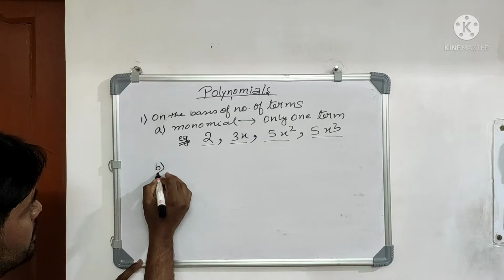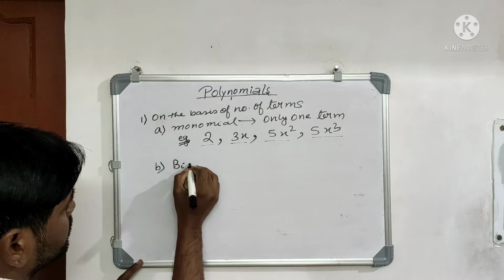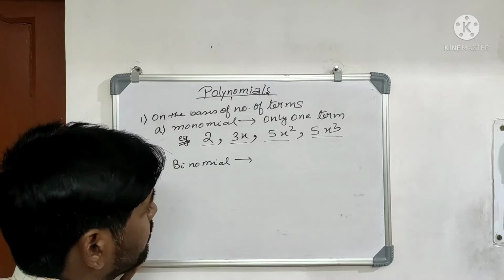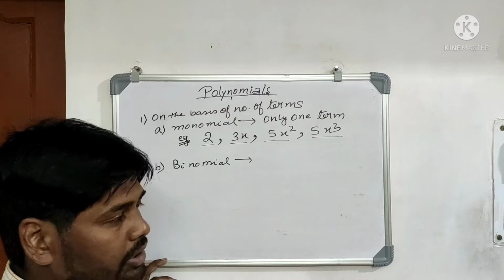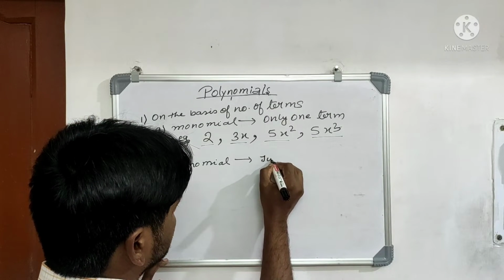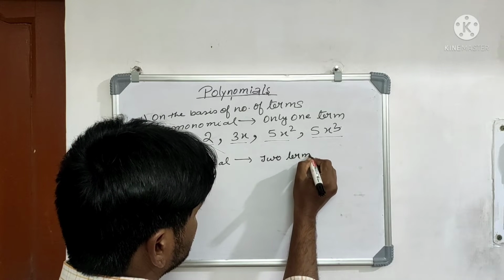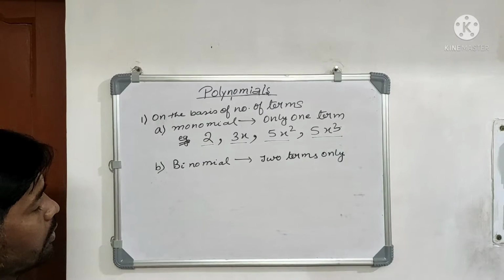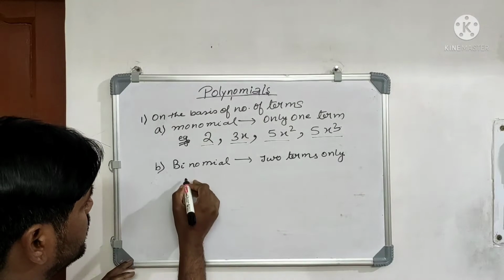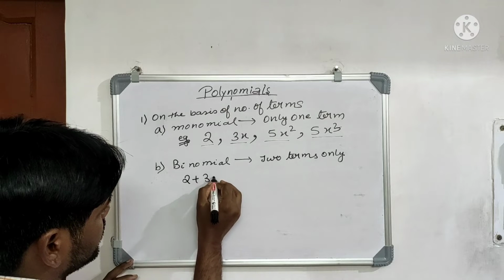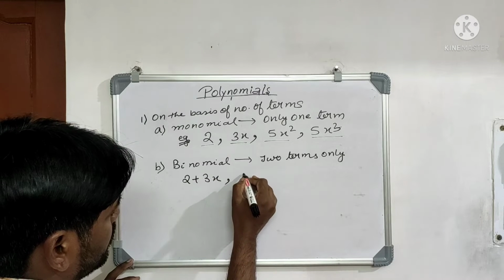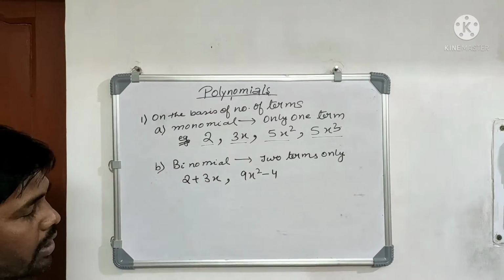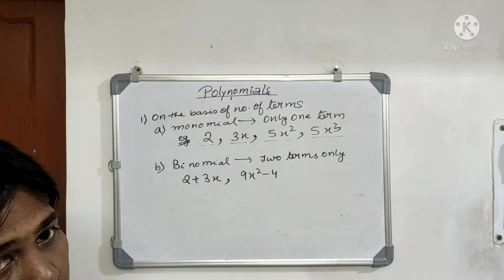The second is a binomial. Here we have an algebraic expression constituted of two terms only. Let us say 2 plus 3x, 9x square minus 4. These are a couple of examples of binomials.